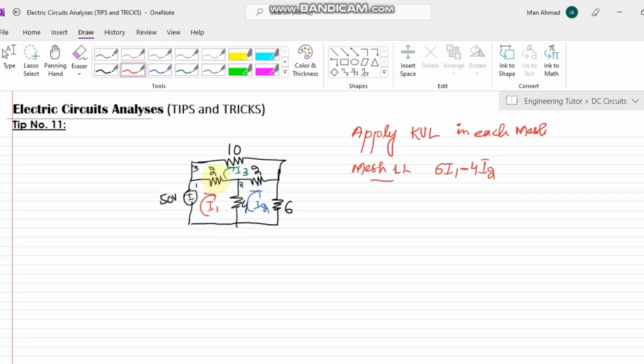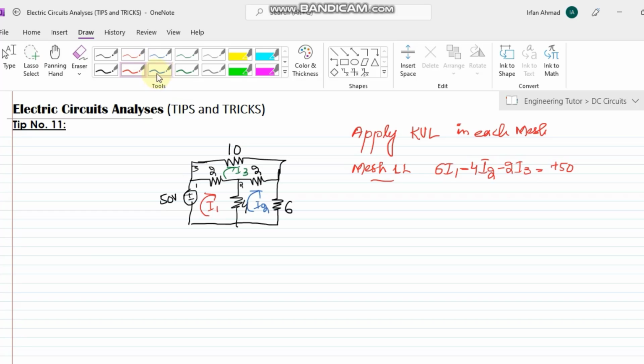Similarly, mesh number 3 shares another resistor, the 2. Again I write a negative sign with the shared resistor and then the current of that mesh, I3. As I have the voltage source here as well, it is plus 50 volts, because the current enters through minus and leaves through positive, so that is a voltage rise.